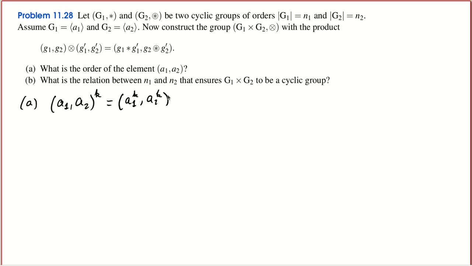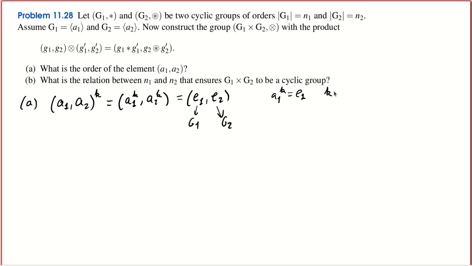And we want this to be the identity of the first group, G1, and the identity of the second group, G2. Because A1 to the k is equal to E1, k must be a multiple of N1, the order of the group.